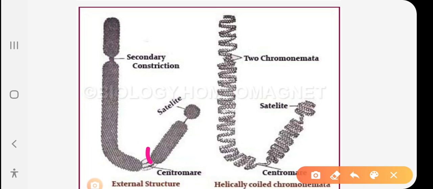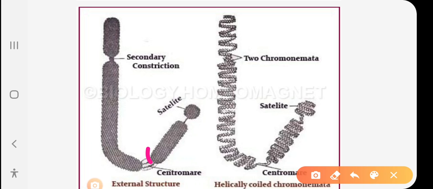So that's why the secondary constriction is known as the organizer of the nucleolus. Remember, in some other chromosomes, more than one secondary constriction is also there: secondary constriction 1, secondary constriction 2, right? But usually there is one centromere, the primary constriction, and one secondary constriction.